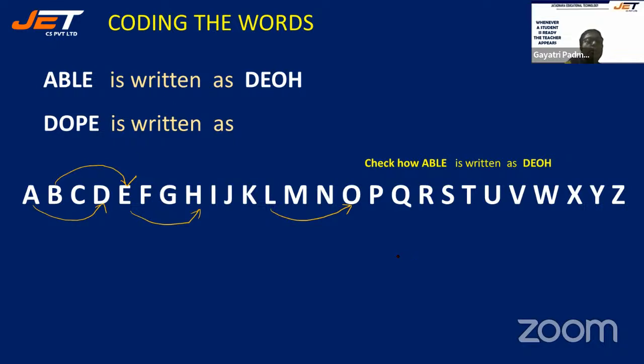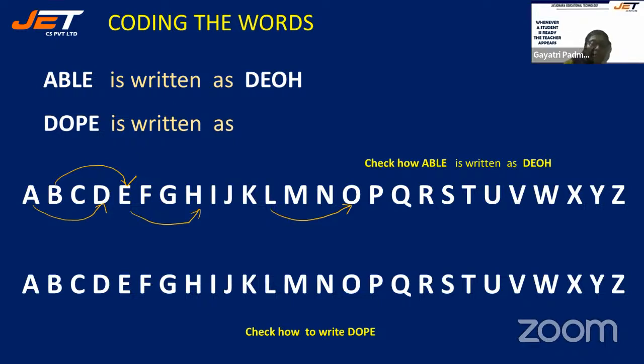So what do we write for D, O, P, E? Yes. So let's check how to write DOPE. Let's write the alphabets again, A to Z. So A is written as D, as I told you. So therefore, D should be written after leaving two letters, as G. So you will write G. O should be written as, okay, B is written as E, right?